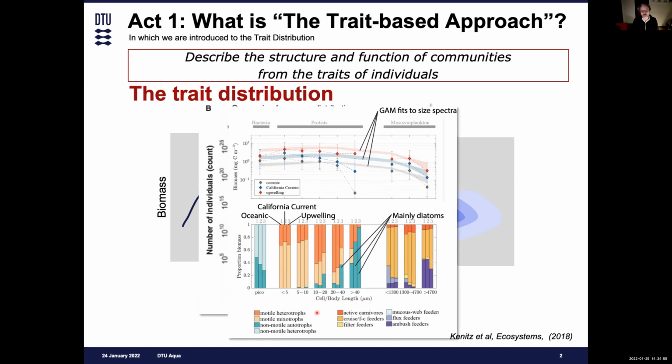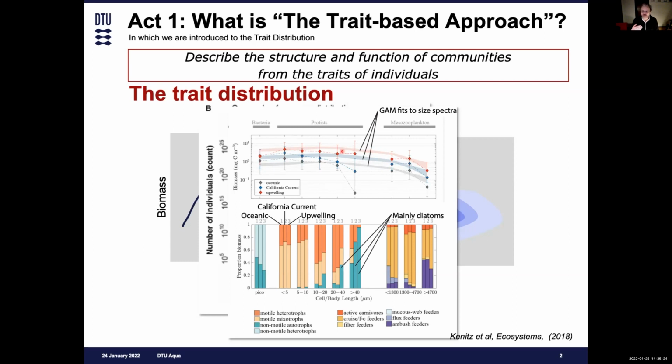Here's another one from Kasia Kiørboe, which is work that we did together. On top is a trait distribution of microbes, from protists, bacteria, and mesozooplankton in the California Current. Then she looked at different places, from the upwelling region down to the oligotrophic gyre. We see roughly the same kind of structure, but different biomasses evidently in the different productive regions.